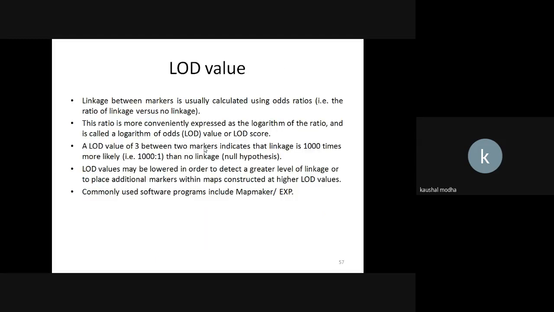Now in QTL analysis, we judge the significance of the marker by LOD value. So what we have gone through up to this point, I just want to recall that we have identified 2 diverse parents. We have developed a mapping population, like RIL, let us say. We have identified polymorphism between these 2 parents. And utilizing those polymorphic markers, we have genotyped the mapping population individuals.